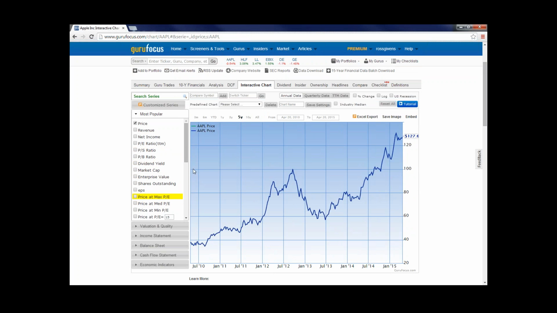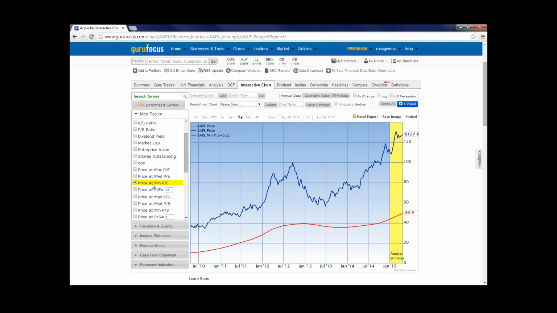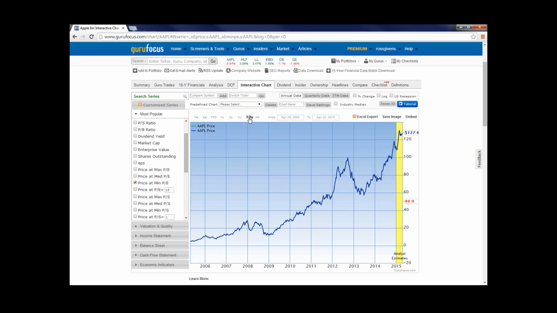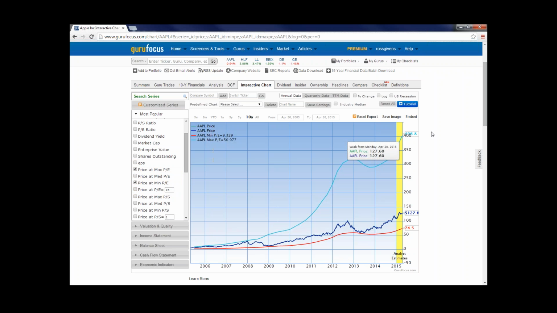So we looked at doing a hypothetical PE range of, say, 15. We checked this box. You can also do price at the minimum PE, so the lowest earnings multiple it's ever been. We have to go all the way back to, I guess, even further in 09 to see where that is. And also price at the max PE, the highest earnings multiple it's ever been.